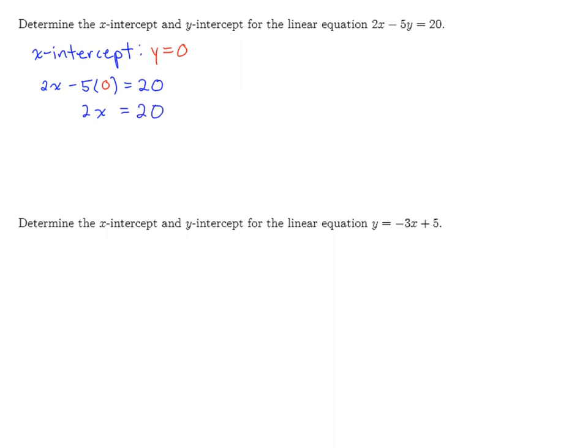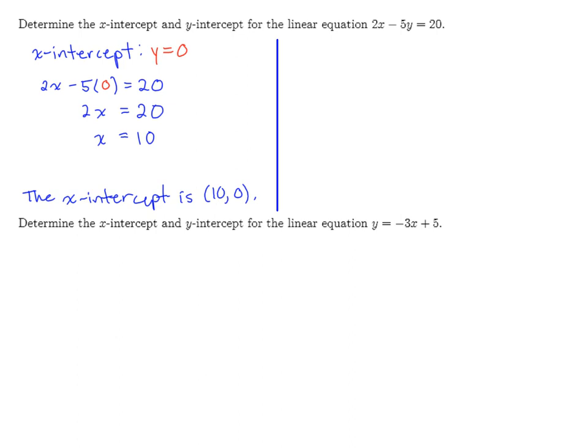And so dividing each side by 2, that will make x equal to 10. So the x-intercept is the point 10, 0. The y value is 0 for that x-intercept, and we found that the x value for this equation is 10.